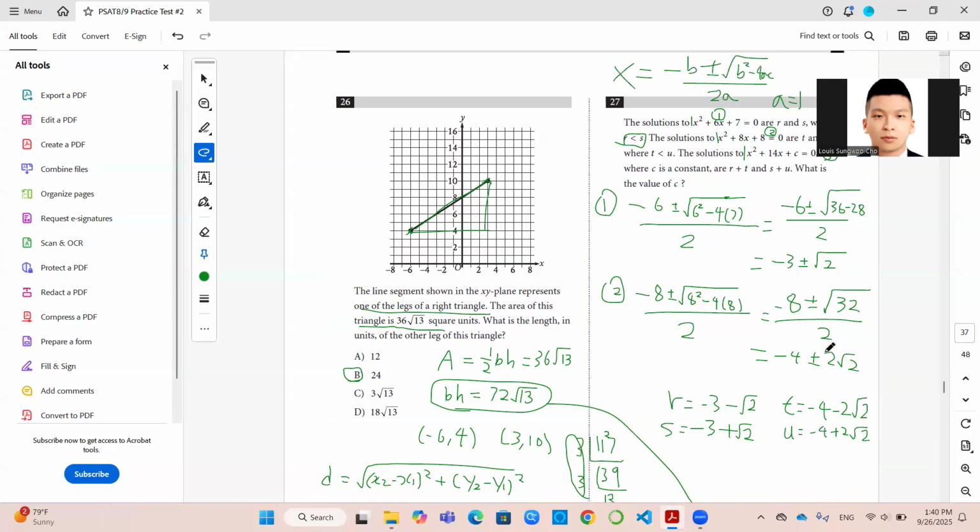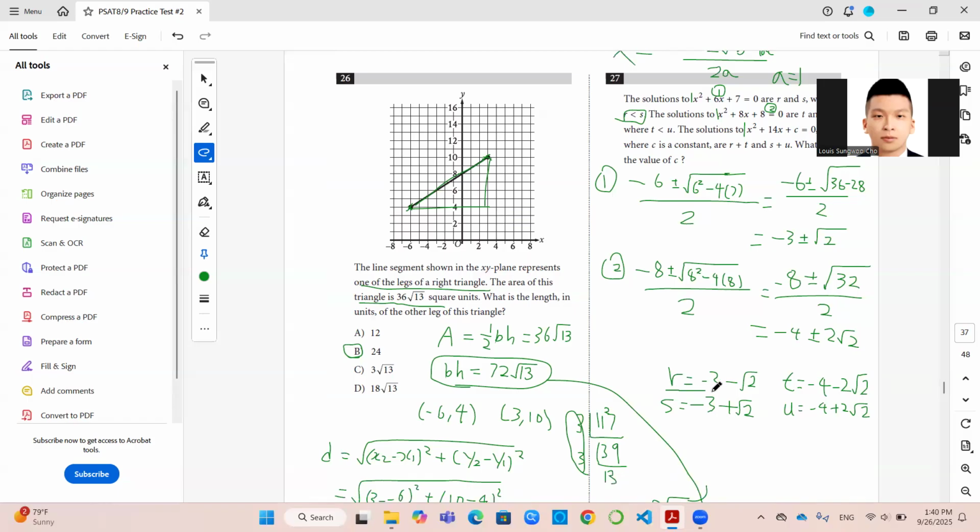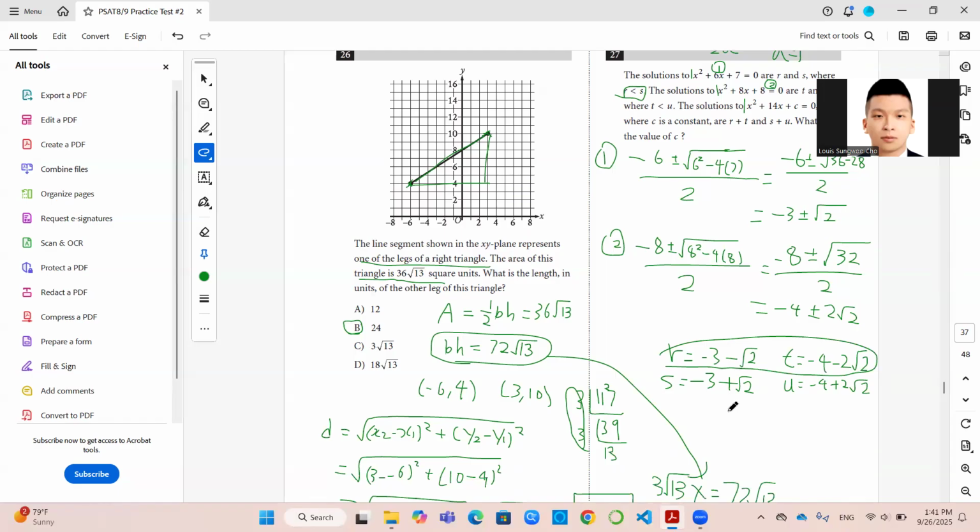And I'm going to go ahead and add these up. So what's r plus t? R plus t is equal to minus 7 minus 3 square root 2. And what is s plus u? So s plus u is equal to minus 7 plus 3 square root 2.